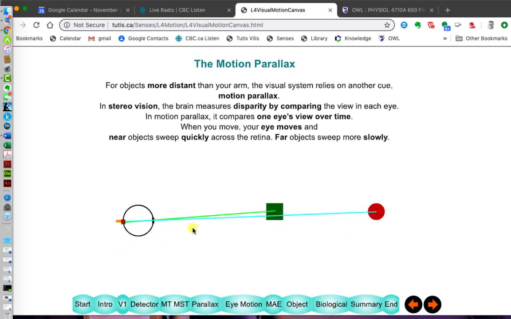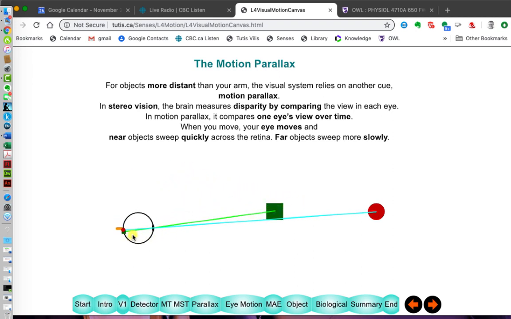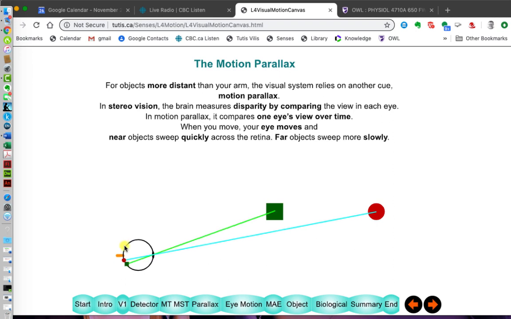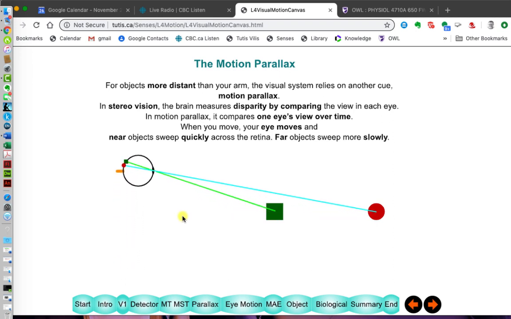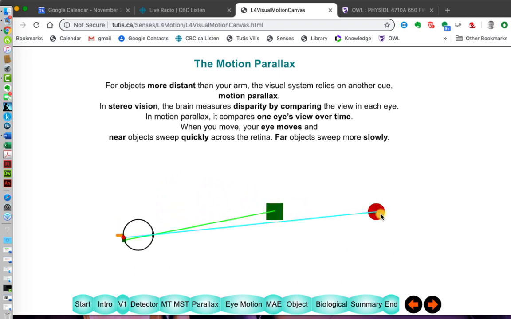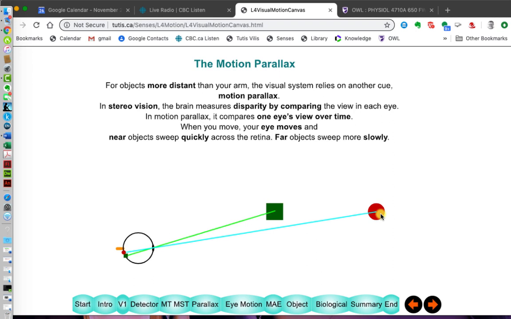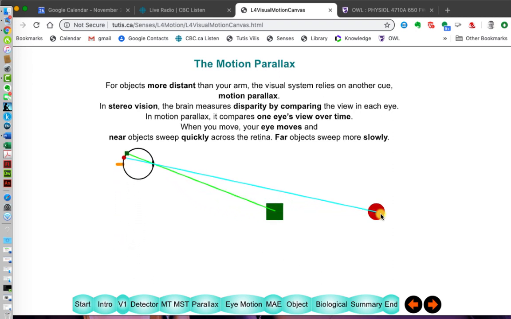And you can see here that the closest object, the square, moves at the fastest speed. So things that are close to you move fast, and things that are in the distance move very slowly. You can imagine yourself sitting in a car and looking out the side window.